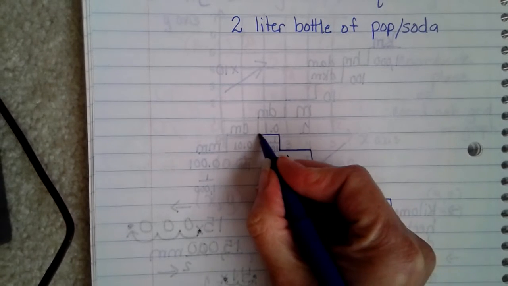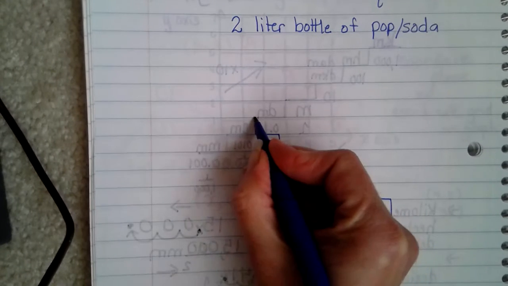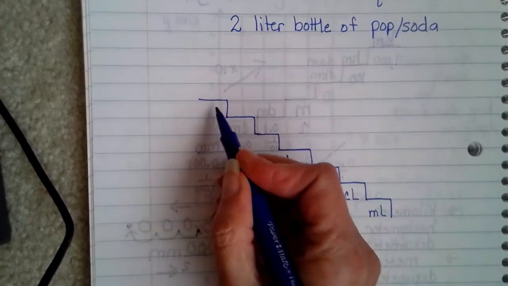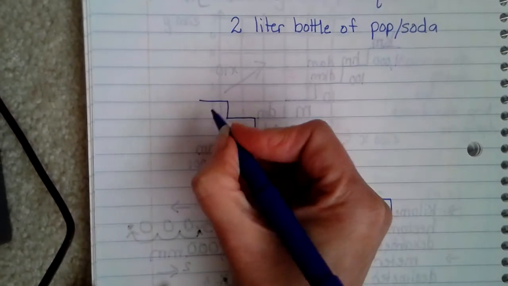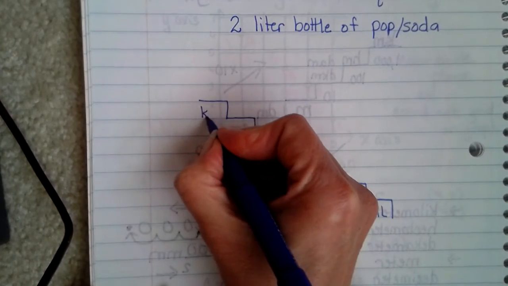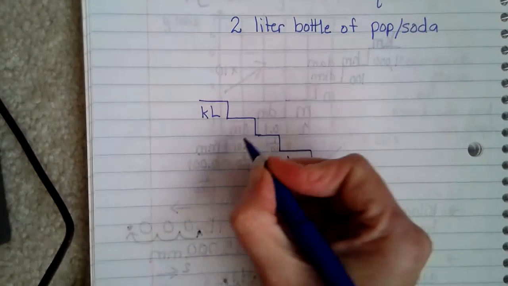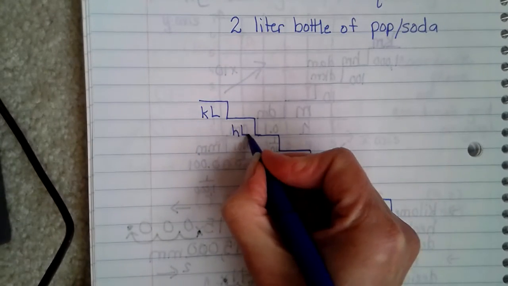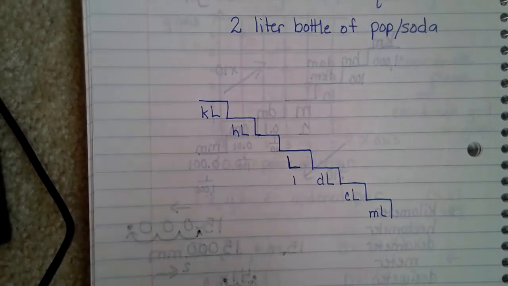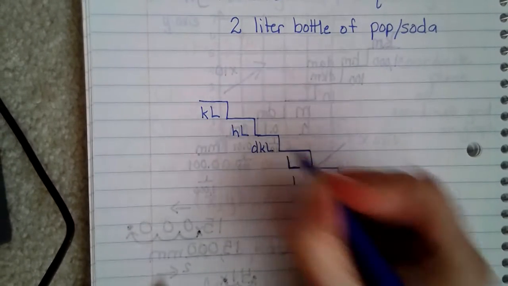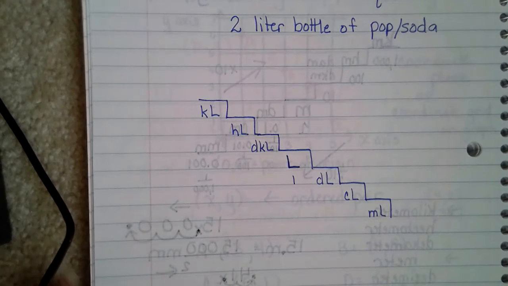As we go up the steps, and you could even look back in your notes to see for the meters, what was the biggest one? That one was the kiloliter. So kilometer, kiloliter. Then we had the hectoliter, hectometer yesterday, hectoliter this time, and then deciliter. Now remember, it was a decameter for length, and it's deciliter for volume.